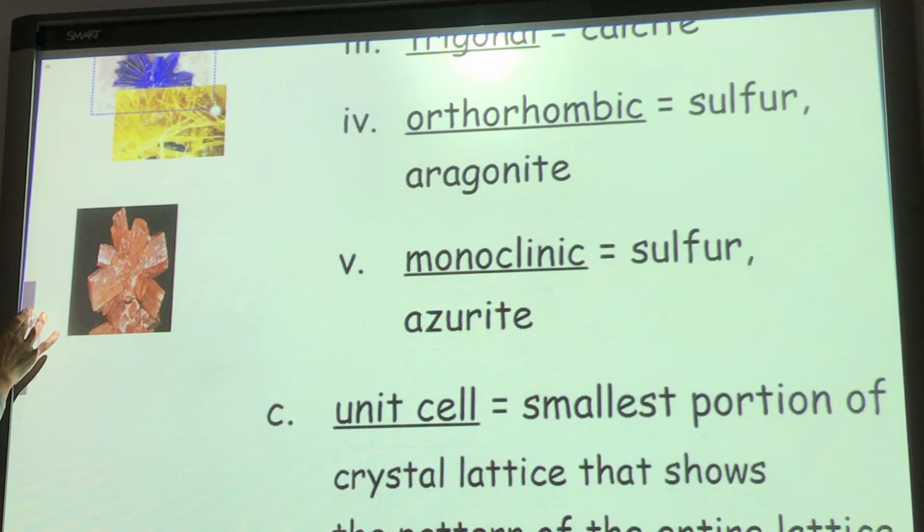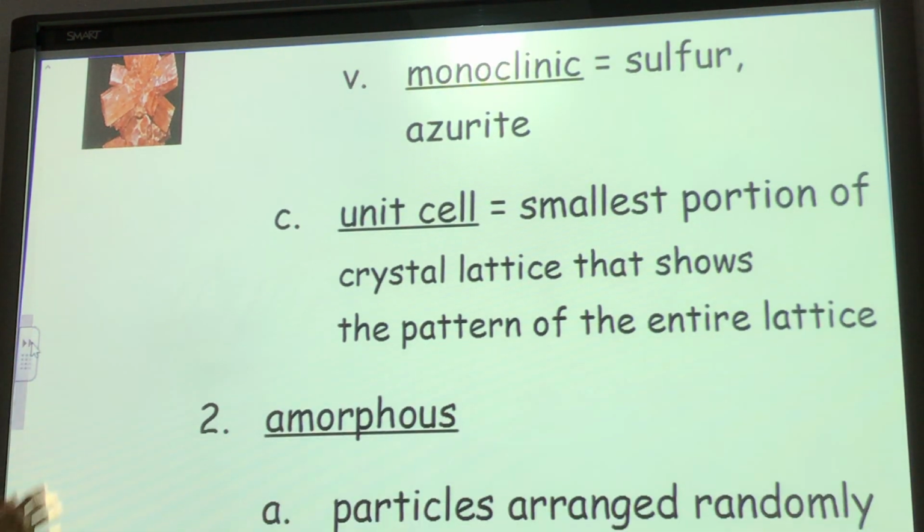And then you need to know this term, the unit cell. The unit cell just refers to the very smallest particle that actually forms the shape of the crystal. And all the other molecules or atoms lay themselves down once that pattern is formed. They attach themselves in the form of that pattern, so you get bigger and bigger crystals.